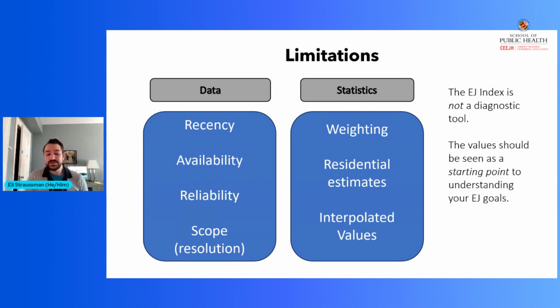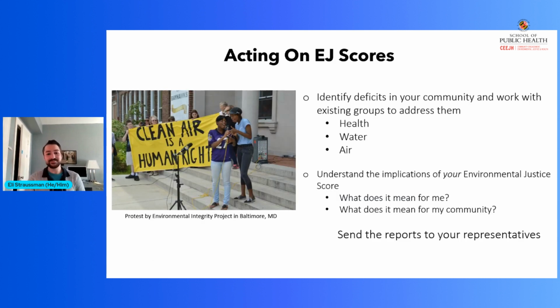What is important though is that when you're using these tools, it's important to understand that these are starting points. These are ways for you to engage your communities and say, hey, look how our numbers are so much worse than over there. And to start developing a sense for community members to understand how they're being either exploited or disadvantaged by environmental considerations.